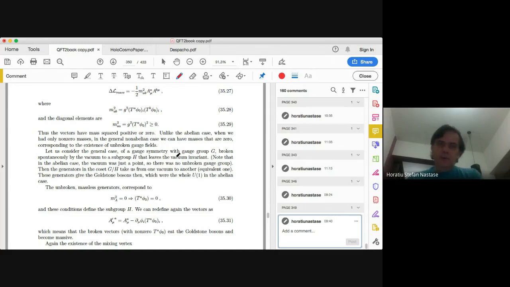Now, the generators in the coset G over H, that means the generators in G that are not in H, take us from one vacuum, which is invariant under H, to another one.